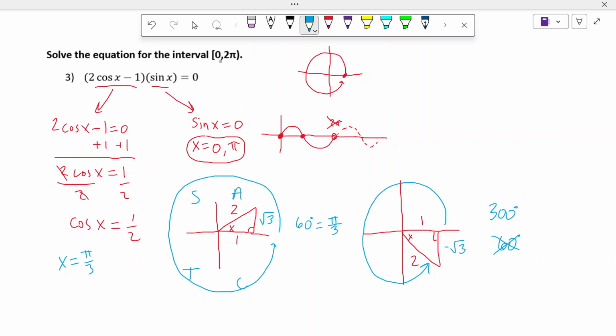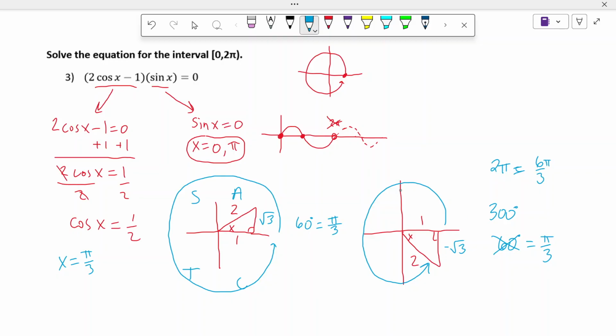But of course, we have to think in terms of radians because this says from 0 to 2 pi radians. Remember, 60 degrees was pi over 3. Okay, we don't want that though. We don't want pi over 3. But we're actually almost a full rotation, and a full rotation is 2 pi, which in terms of thirds would be 6 thirds, or 6 pi over 3.